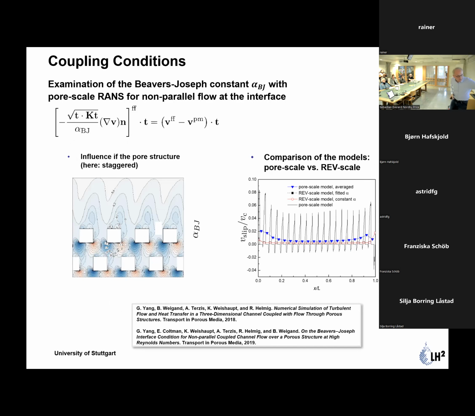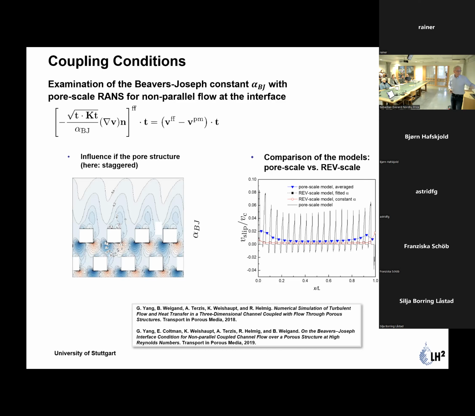And we have used a staggered system, a very simple staggered system. And that is only a part of them, free flow, porous media flow, the same procedure as before. That means, for instance, that we have a closed box, and then we have a lateral flow field on the top, okay? To analyze really the momentum transfer between the free and the porous media.